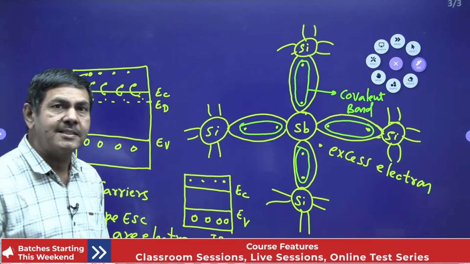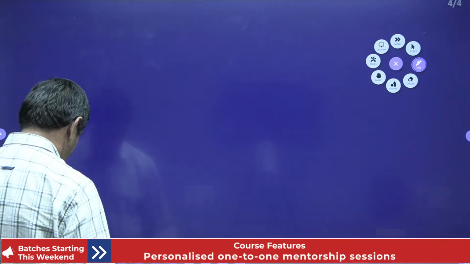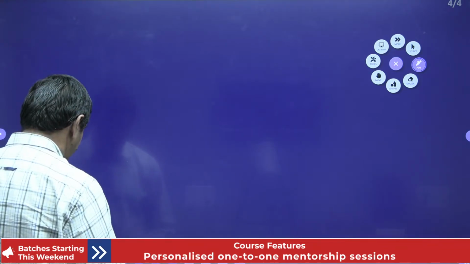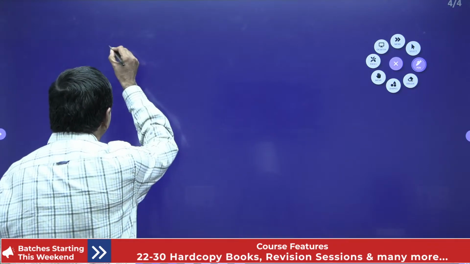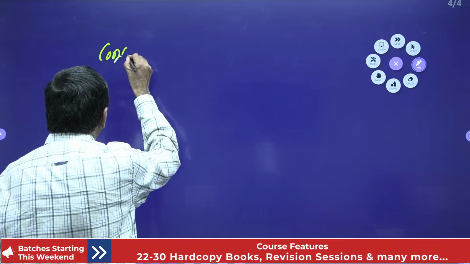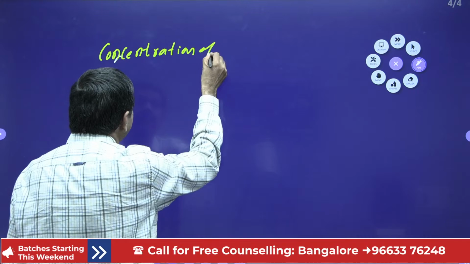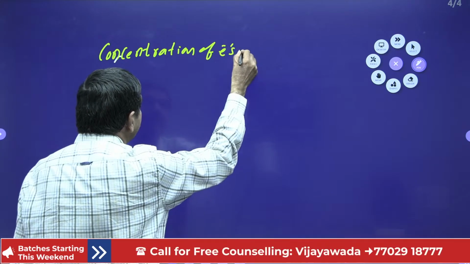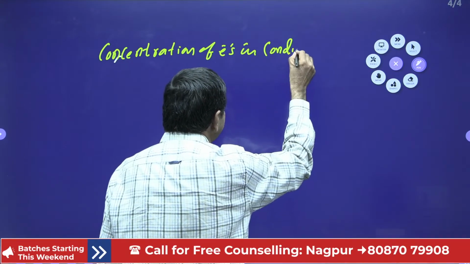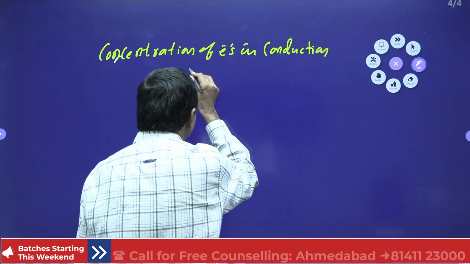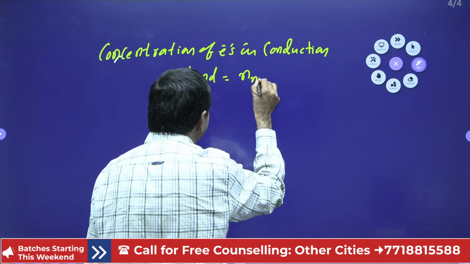A part of analysis is also very important. Certain formulas are also very important. Sorry, certain formulas I want to give from this only now. What are those formulas? Suppose you want to find the concentration of electrons in the conduction band, you can use n suffix n.